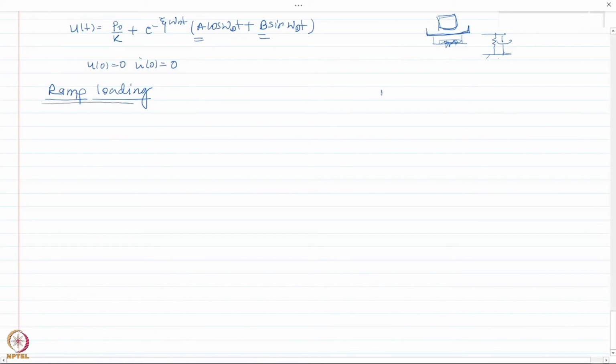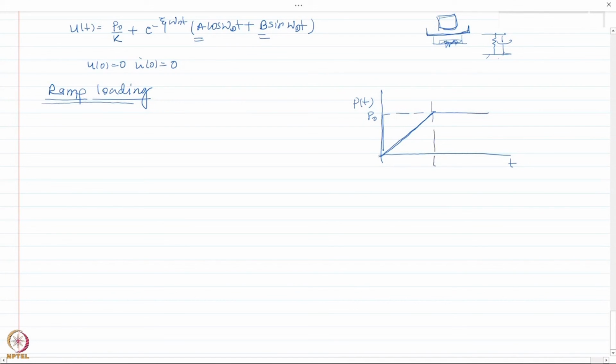So a ramp loading looks something like this. If this is the variation of p(t) versus t, it increases linearly up to the value of load that you want to apply. Let us say this is p naught. Now you are not applying it suddenly, as in the previous case. You are applying it slowly, or I won't call it slowly, it depends on the rise time.